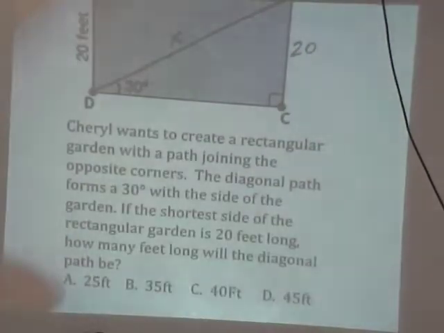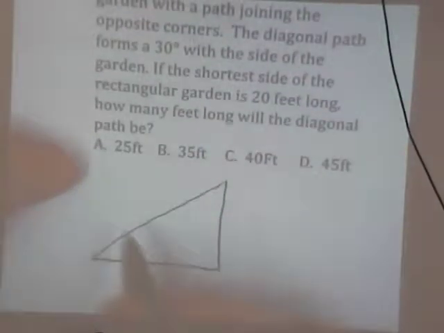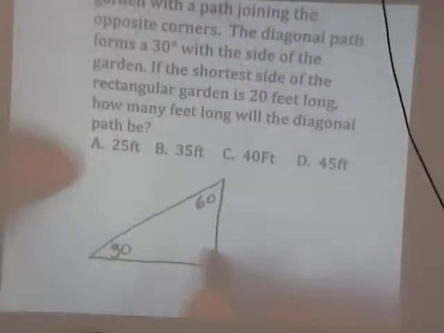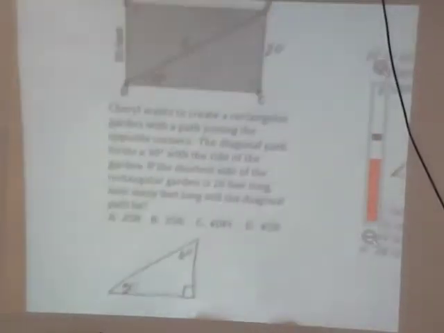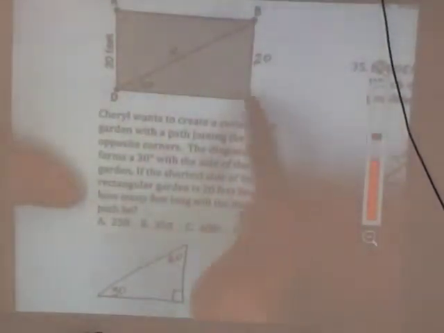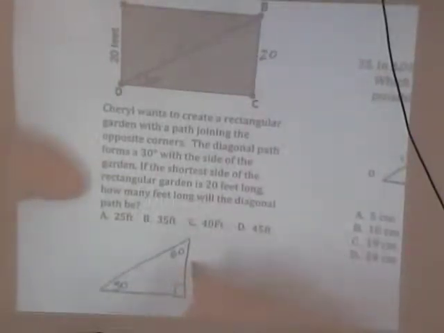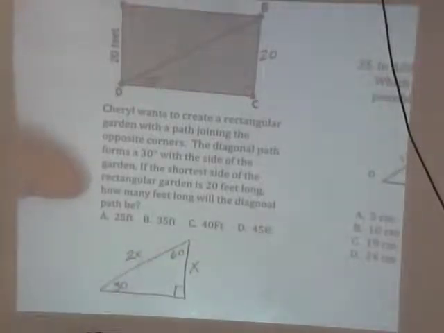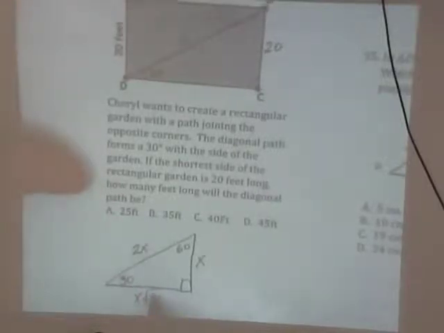Does that make sense? All right, so if that's 20, this is 20. This is a 30, 60, 90 triangle. This bottom triangle here is a 30, 60, 90. On a 30, 60, 90, if the short side is x, the hypotenuse is 2 times x, and the longest leg would be x times the square root of 3.